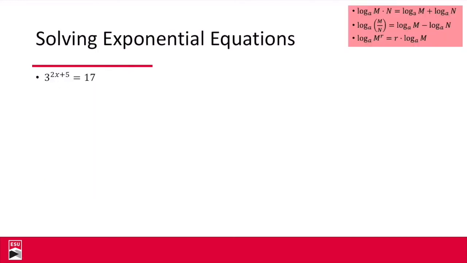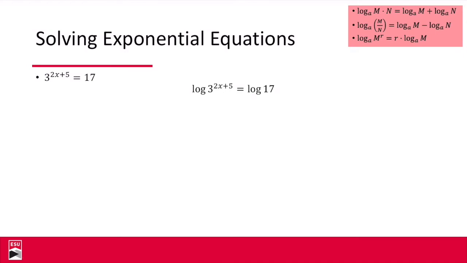So for the first couple examples, we're going to look at exponential equations. Here it says, solve 3 to the 2x plus 5 equals 17. Just like when we were solving equations before, our goal is to find x. We can start by taking the log of both sides. In this case, I used the common log, base 10.